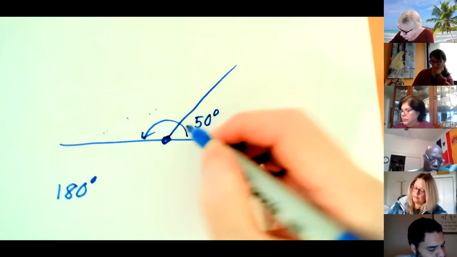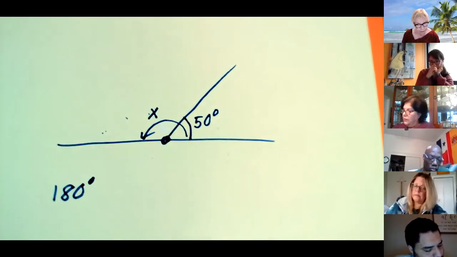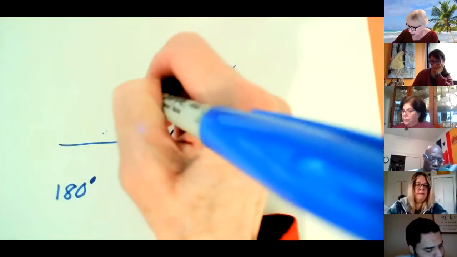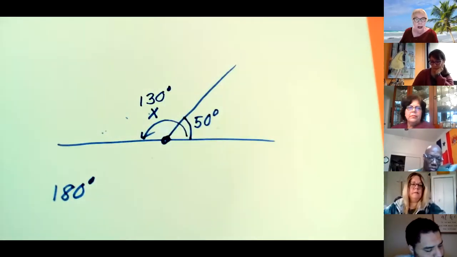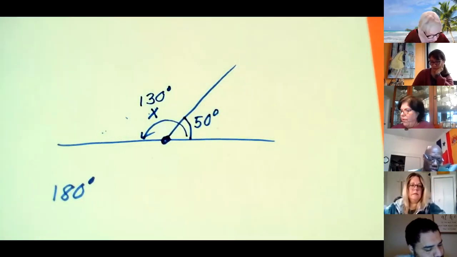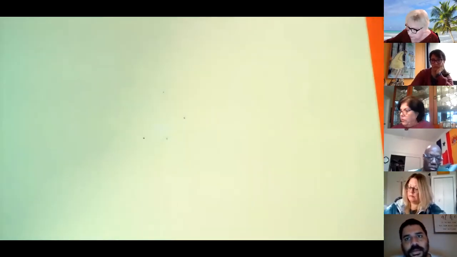If this on this side was 50, could you then tell me this one? 130. That's 130, that's all there is to it. And so they're just giving you a little bit of geometry along that line. How's that? Now, that's not critical to where we're headed.